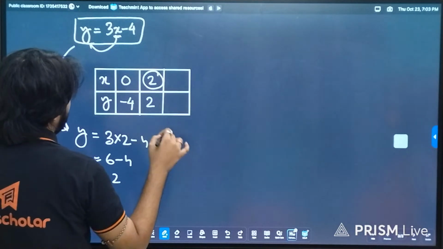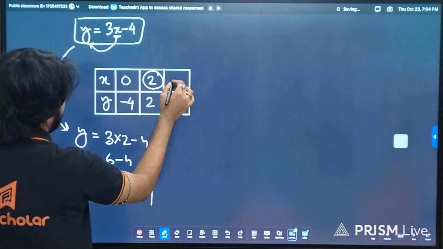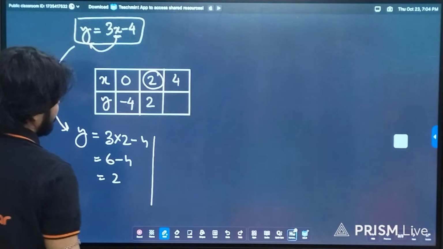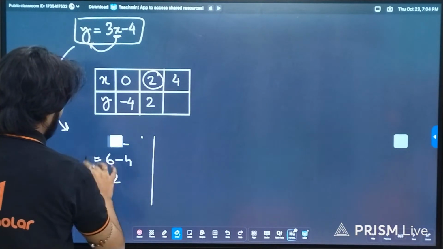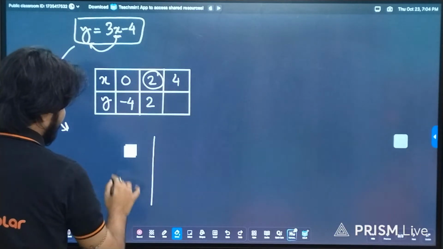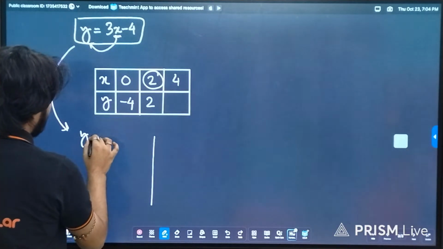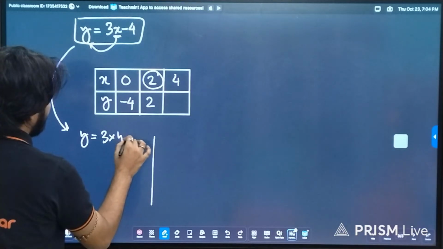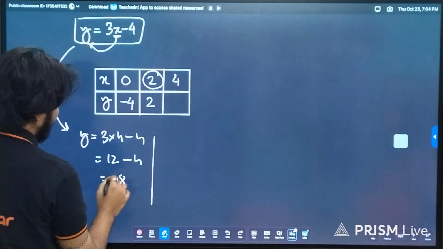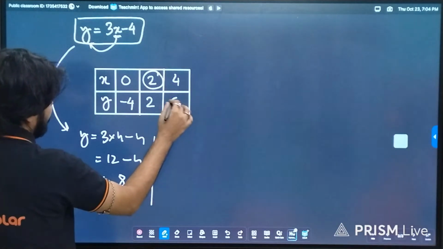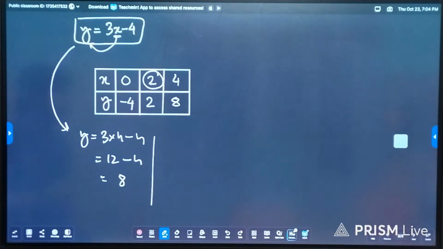Now I am putting the value of x as 4. Now find out the value of y. y will be 3 into 4 minus 4, 12 minus 4, or 8.